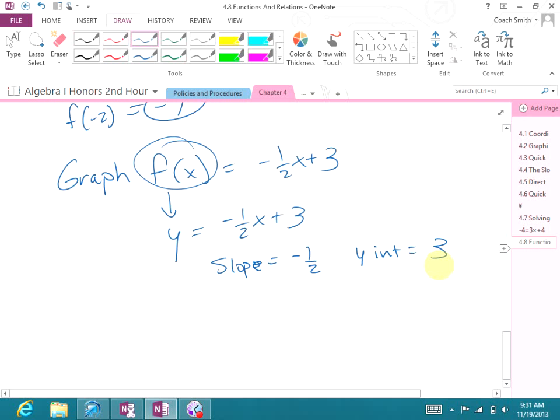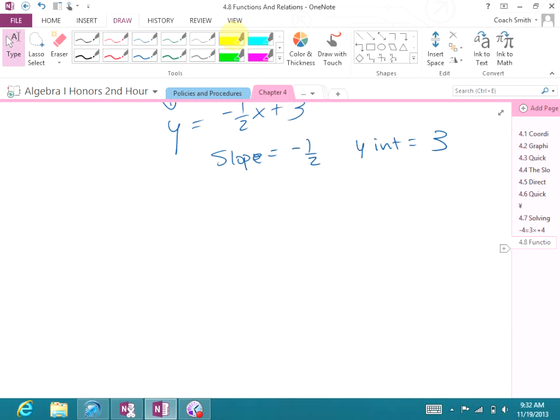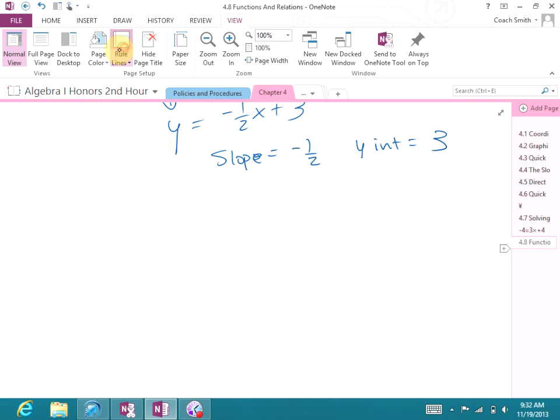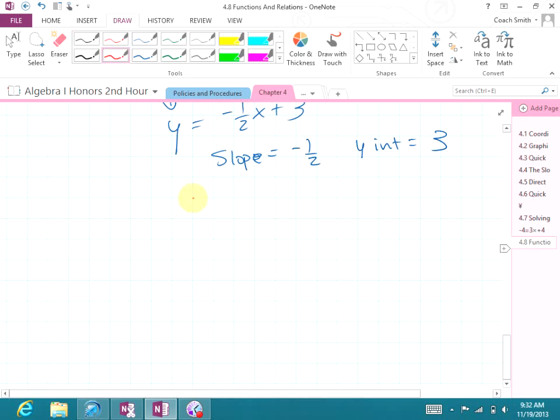And so if I graph that, then that means the y-intercept is 3. So 1, 2, 3. There's my y-intercept. And now my slope is negative 1/2. That means my slope is going to go like this.